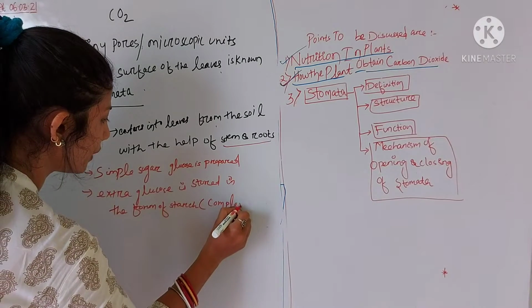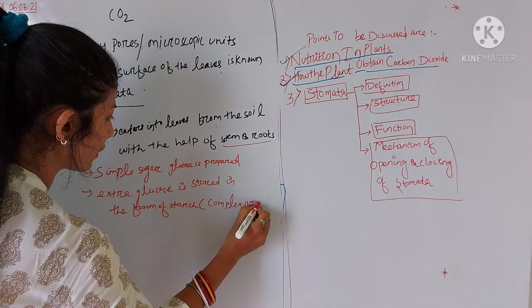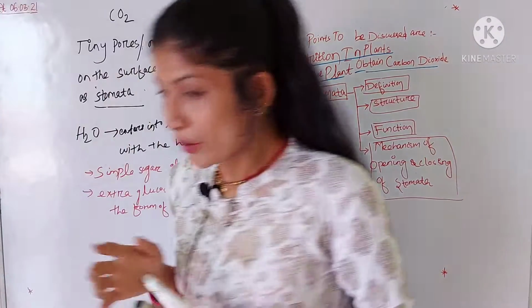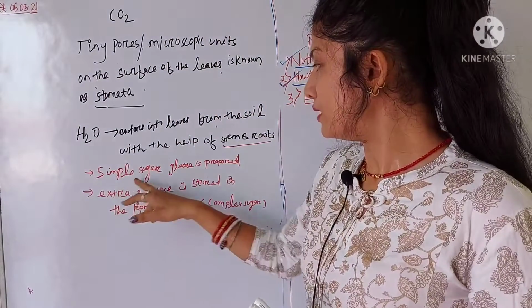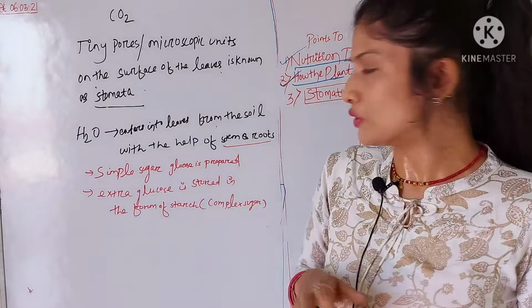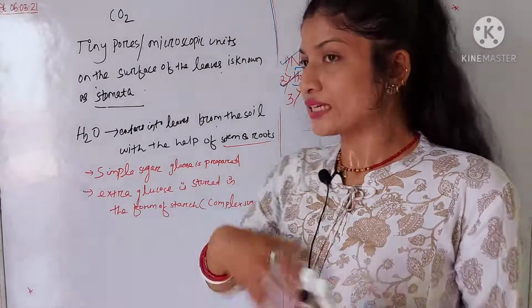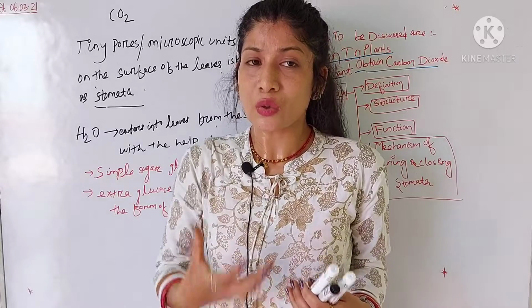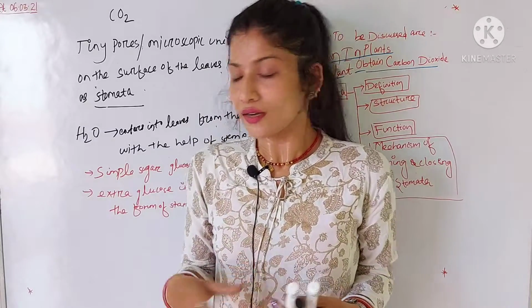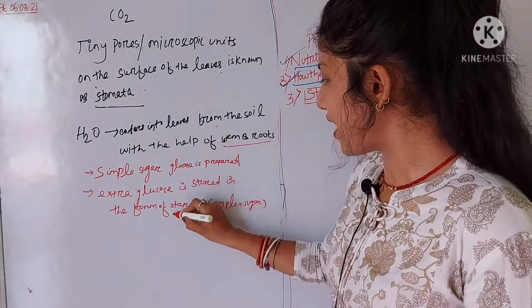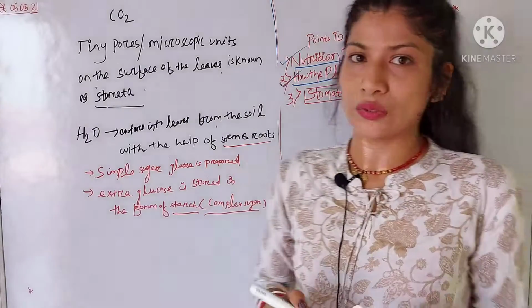Okay, so during photosynthesis, simple sugar glucose is produced, and the extra glucose is stored in the form of what? Stored in the form of starch, which is a complex sugar.